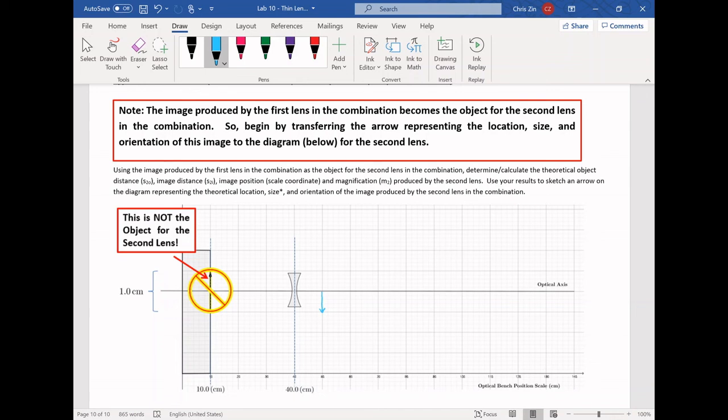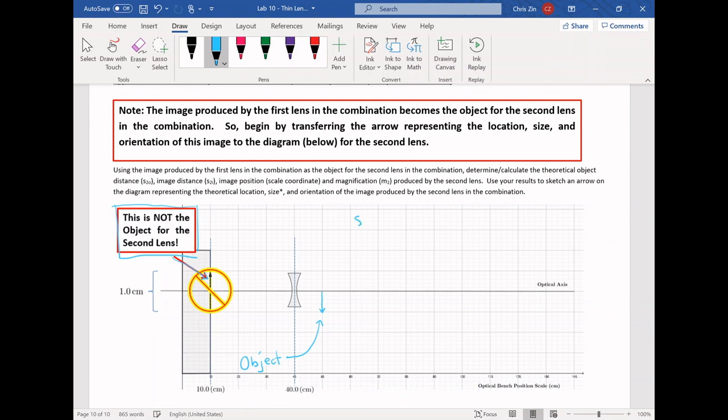The image from that first lens will be treated as the object for the second lens. So the note on the side here says that this original object is no longer the object. So this is now the object for the second lens.